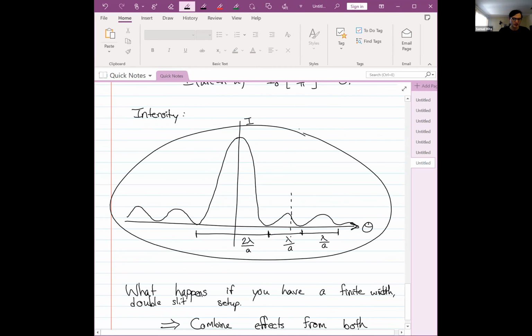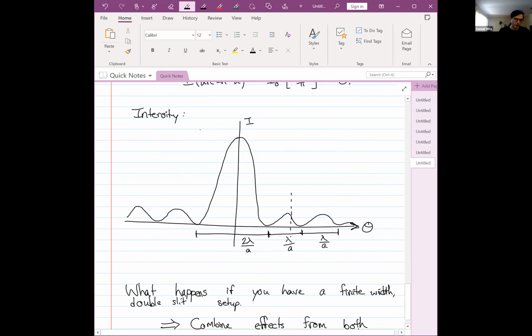It would look like something like this. Basically, it shrinks down the intensity at some angles, at these zeros, and it leaves the intensity unchanged at other angles. So we can think of the single slit as kind of like an envelope that just smushes down the intensity at specific places.